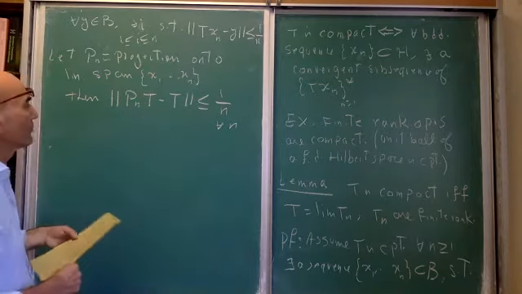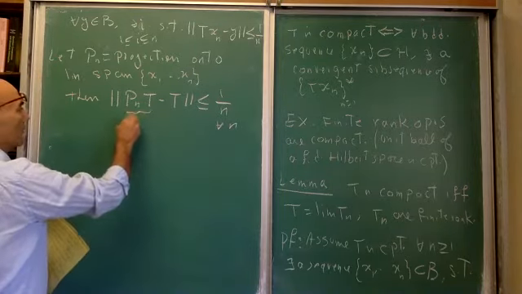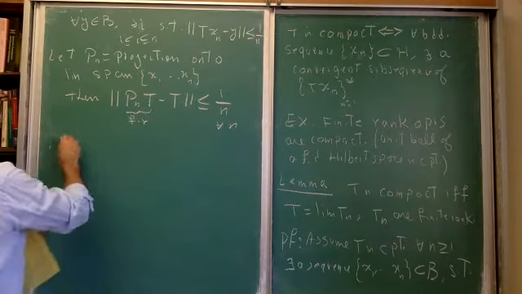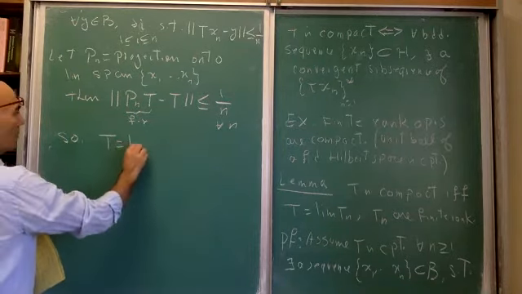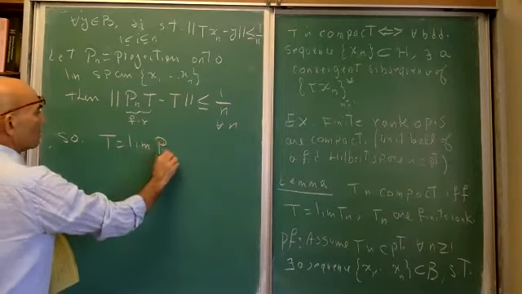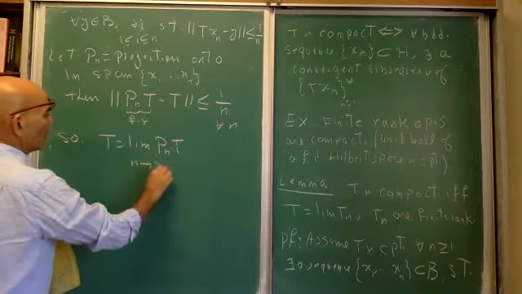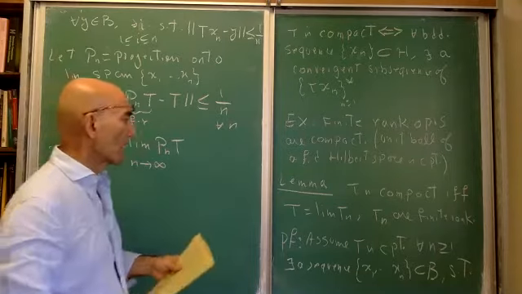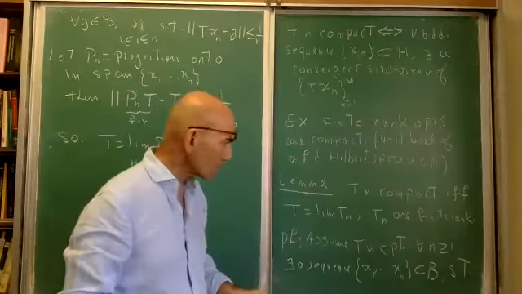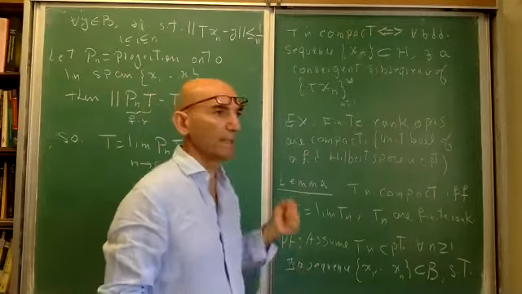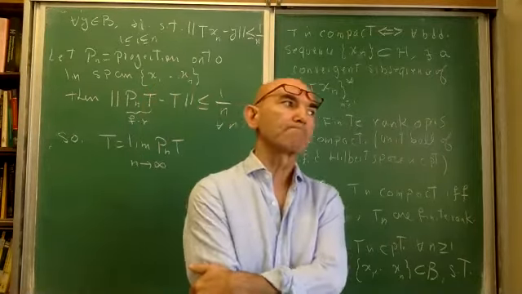So T is equal to the limit of PnT as n goes to infinity. At least this proves the direction that if T is compact, then it's a limit of finite rank operators.